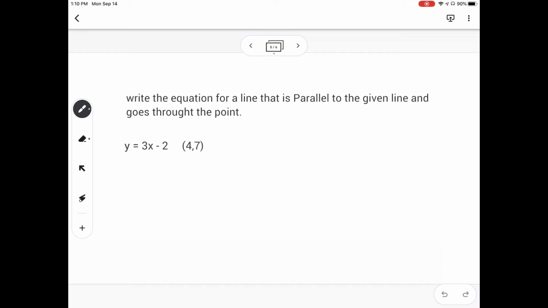In our next example, same problem, I just changed the numbers up. We're trying to write a new equation. We know that the number next to x is the m, and the point gives us an a and a b. So we take the formula we had, and we plug those three numbers in.